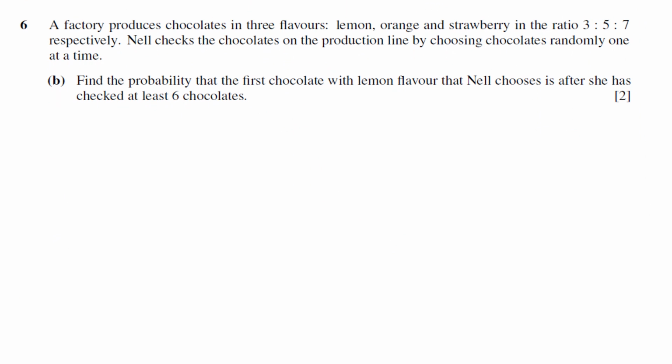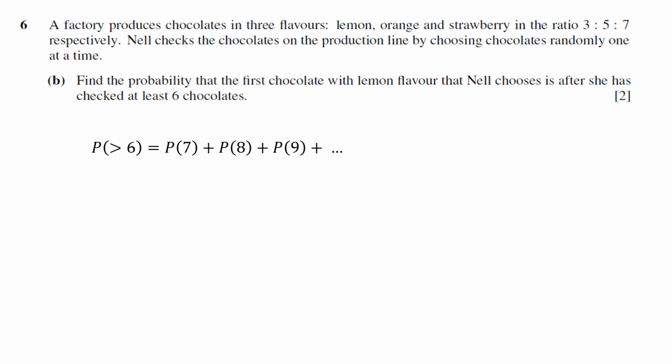Now on to question 6b. Find the probability that the first chocolate with lemon flavor that Neil chooses after she has checked at least 6 chocolates. So that will be the probability of 7 plus the probability of 8 plus the probability of 9, and so on.